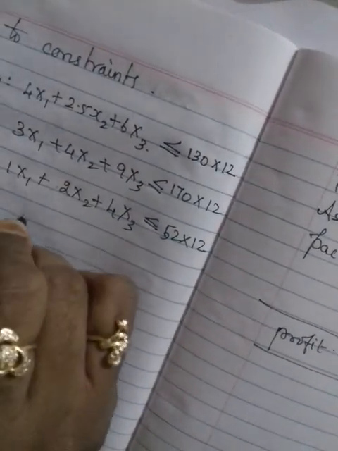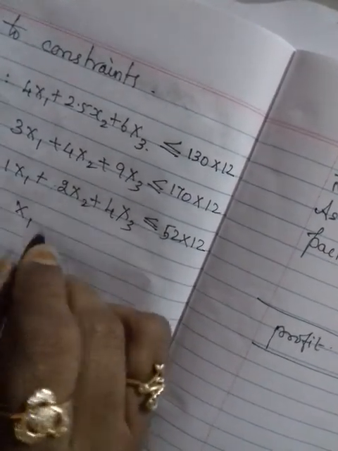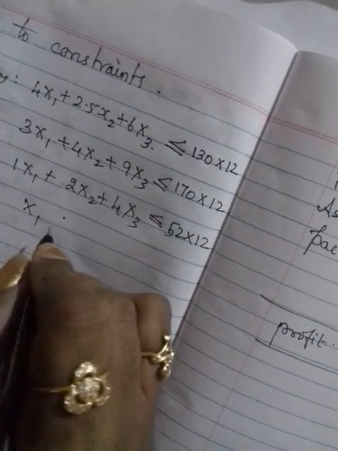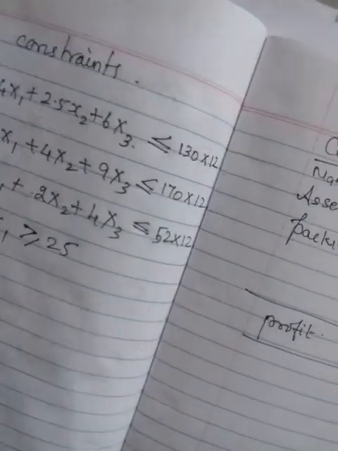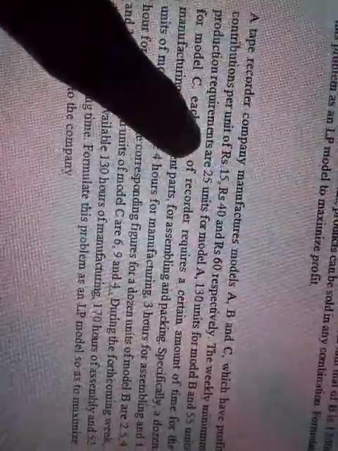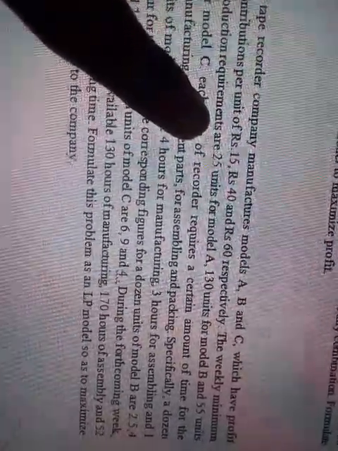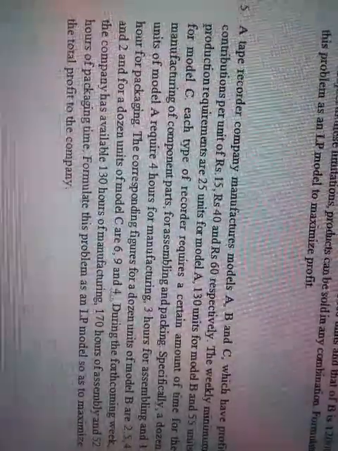Now they gave values for product A too, so that also you have to write down separately. x1 is greater than or equal to 25. I'll show you. See here in this problem, the weekly minimum production requirement. Maximum you can produce anything, but they have a minimum production requirement of 25 units for model A. So you have to write down greater than or equal to 25.